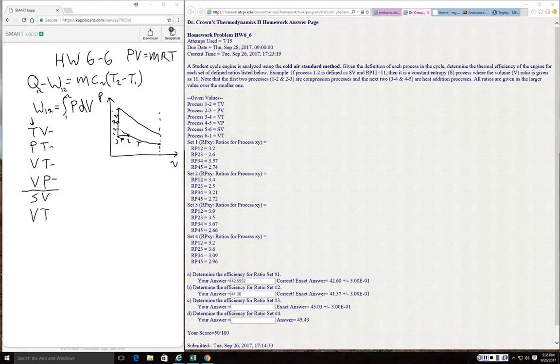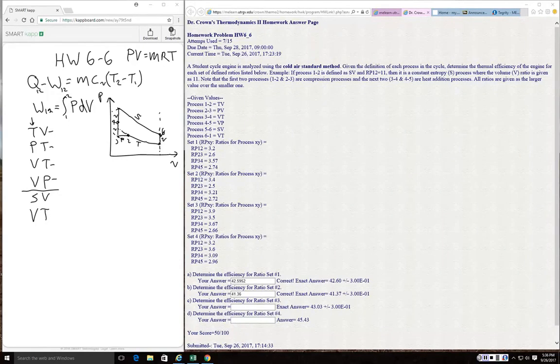So the last, state 6 to state 1, the last process is like that, and this is a constant volume process. So it's not that far from being an Otto cycle. It's just got this extra little segment in there with a constant pressure process from 2 to 3.